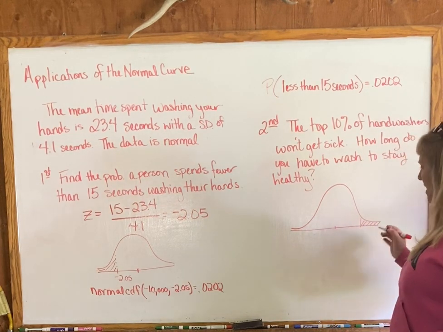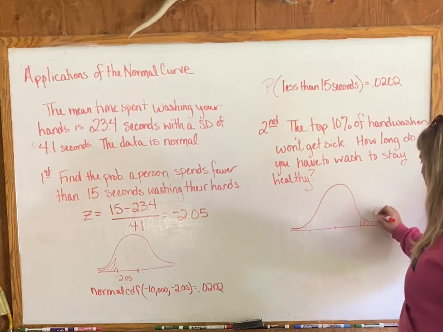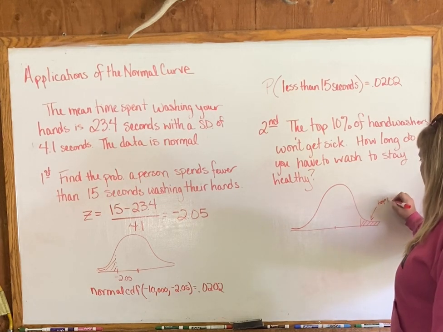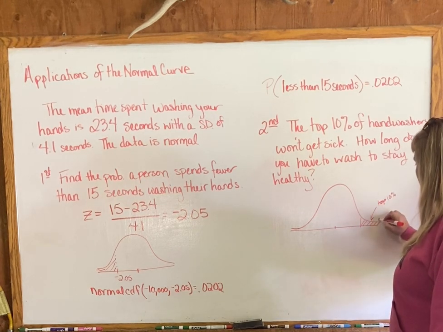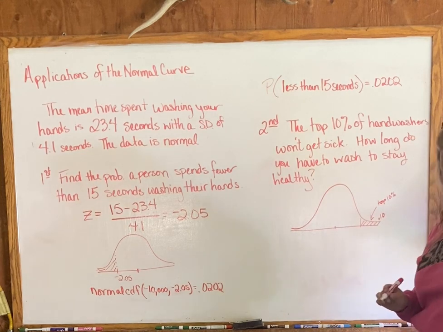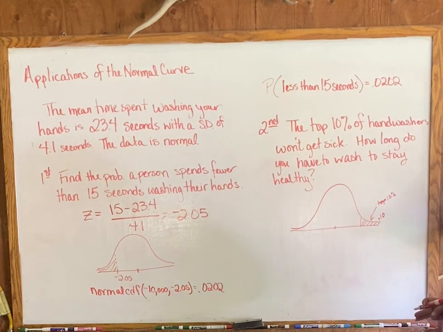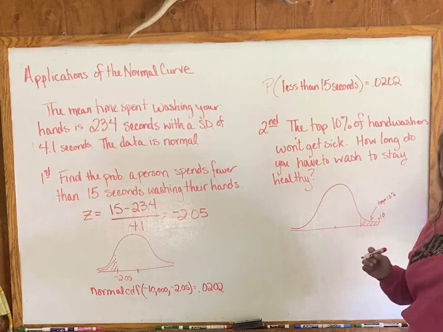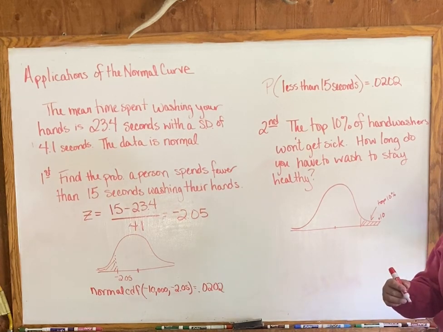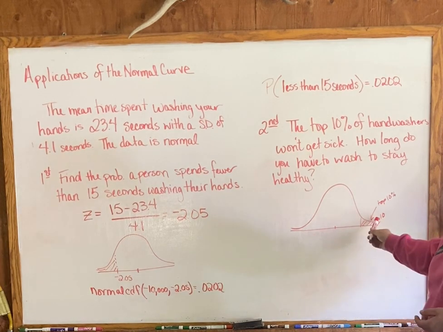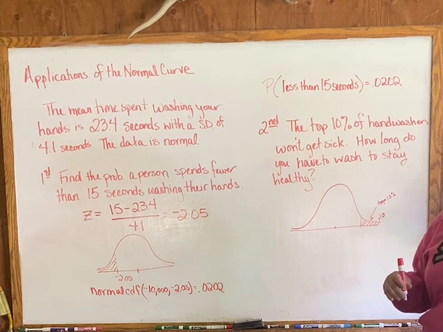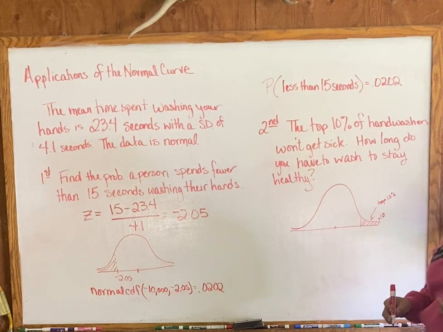So could that maybe look like the top 10%, or 0.10? Okay, so this is another one where we're going backwards rather than forwards. I've given you an area, I want you to go backwards and give me the number that goes with that.